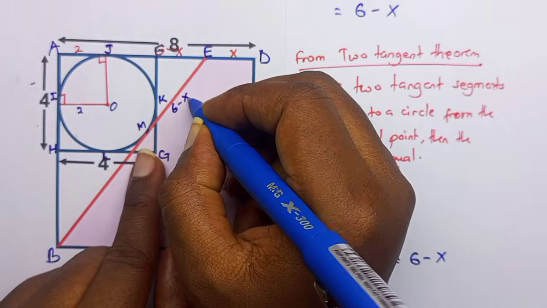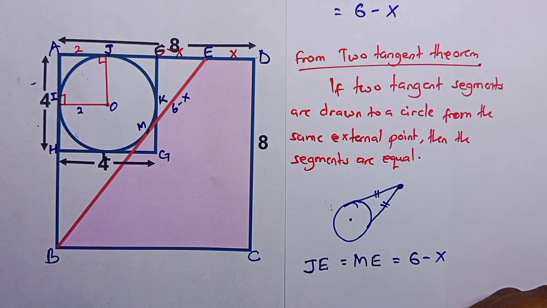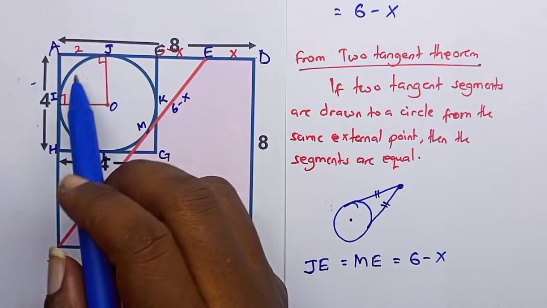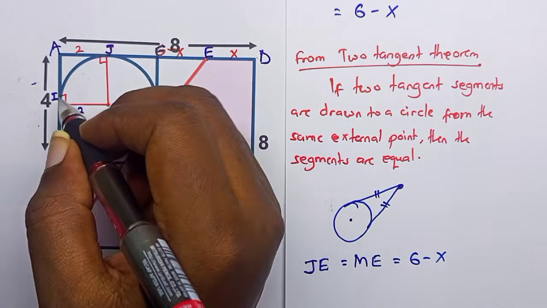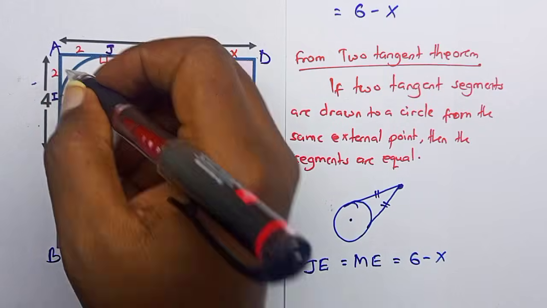Also, since AJOI is a square, and we saw that its side is 2, this side is also 2.